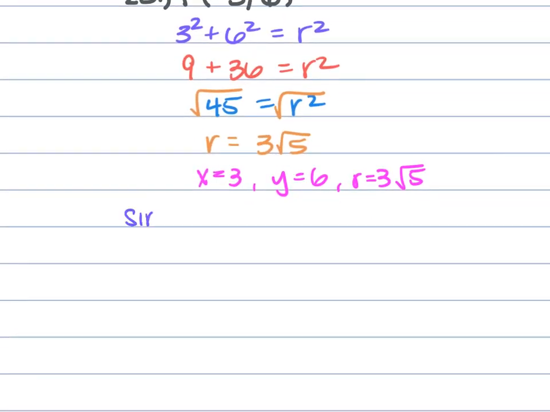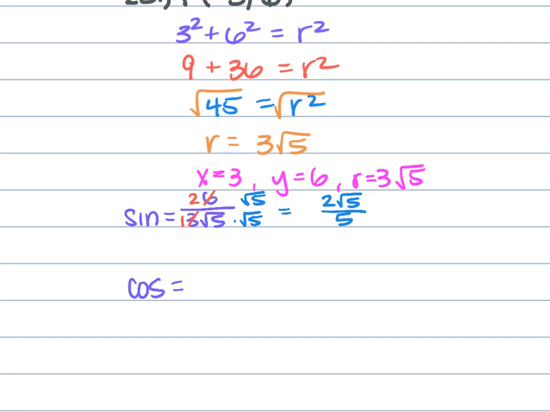Sine is equal to y over r, so that's 6 over 3 square root 5. The 6 turns into a 2, 3 turns into a 1. We multiply top and bottom by the square root of 5. This is going to give us 2 square root 5 all over 5.